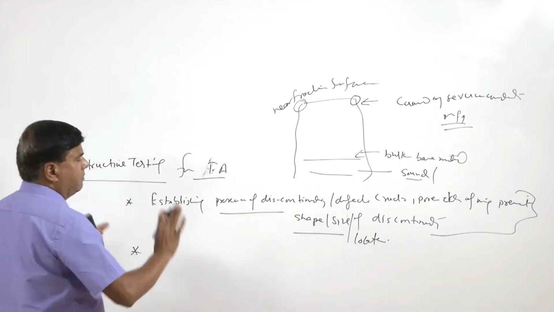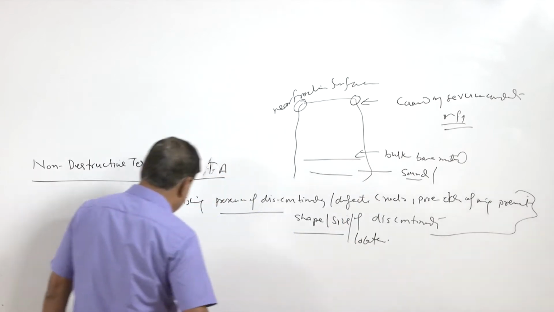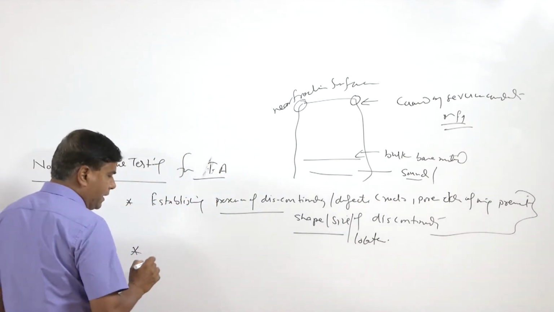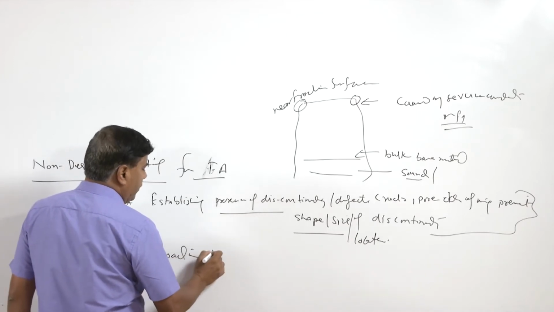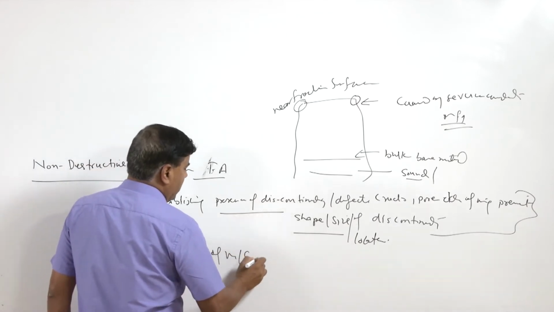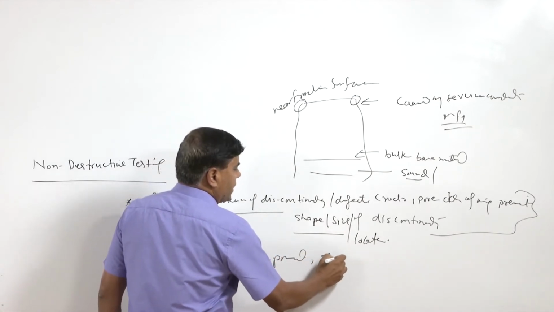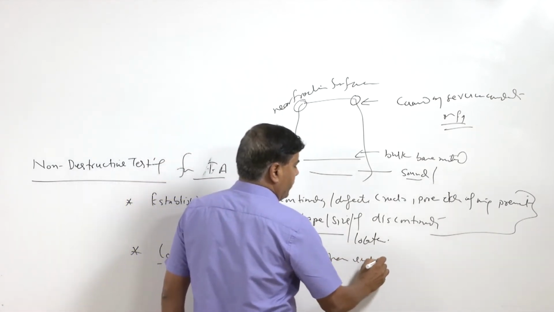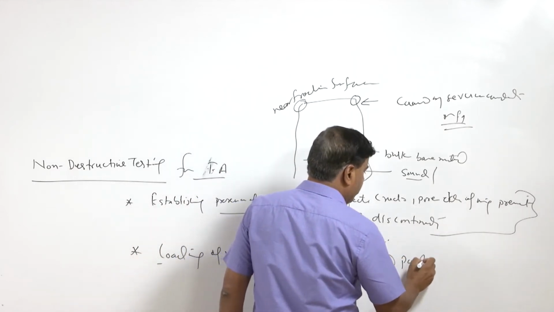This is one of the aspects. Another is to do the analysis with regard to the approximate loading of the machine component or the stress induced in a particular part.